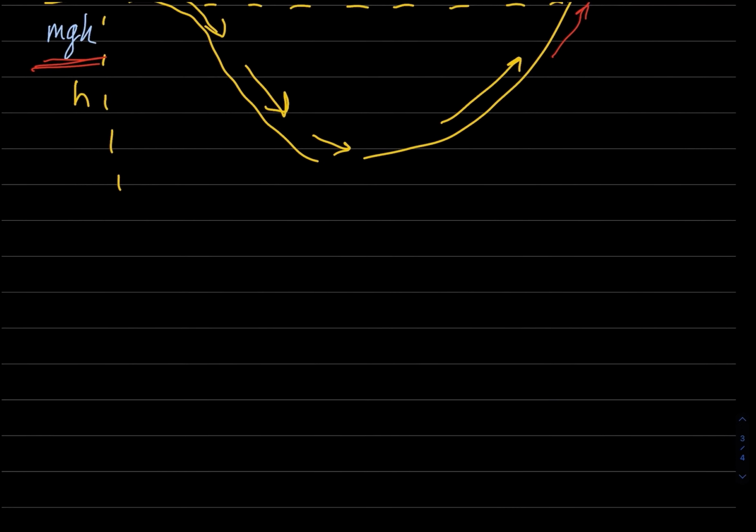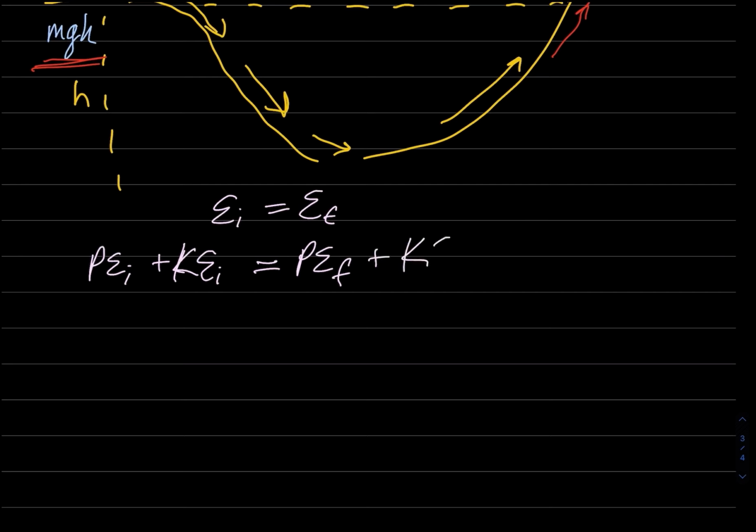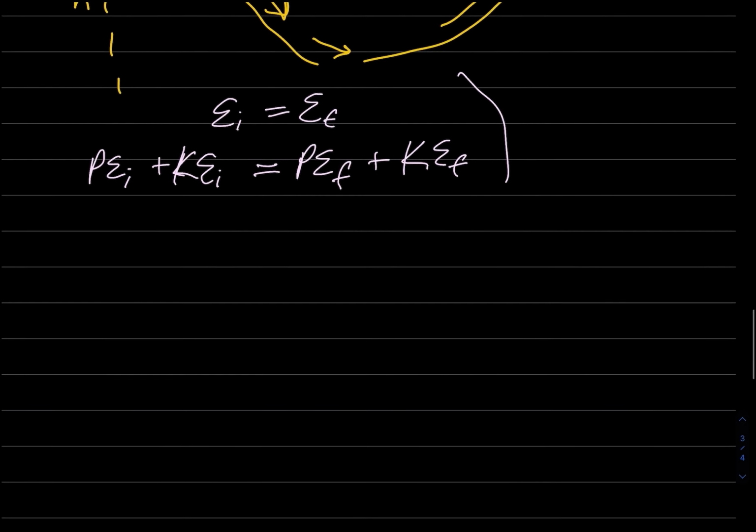How do we start these problems? The initial energy equals the final energy. The initial potential energy plus the initial kinetic energy equals the final potential energy plus the final kinetic energy. I like writing these two. Then you just have to fill it in. The initial potential energy was its mgh because it was h above the ground.